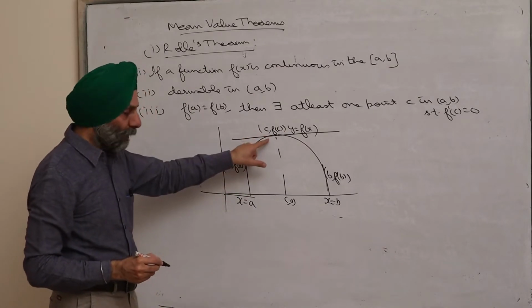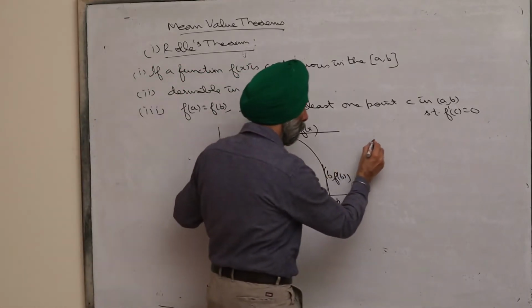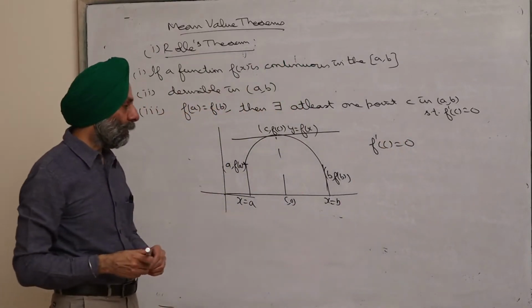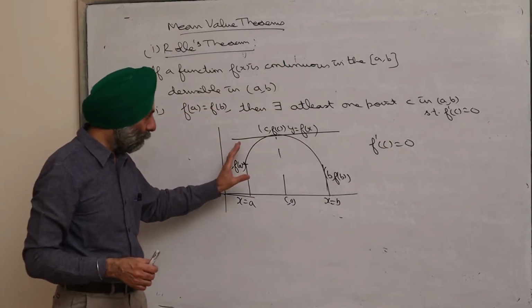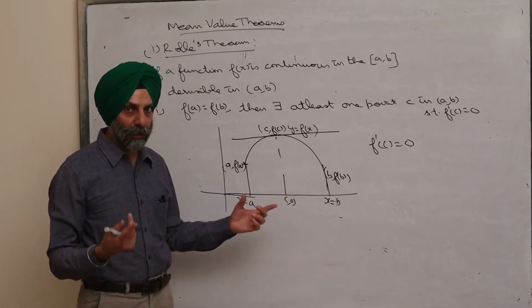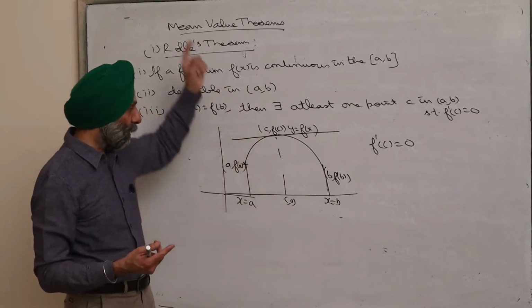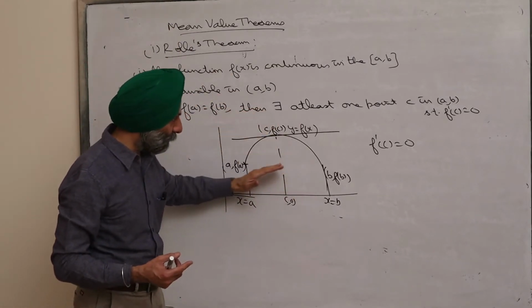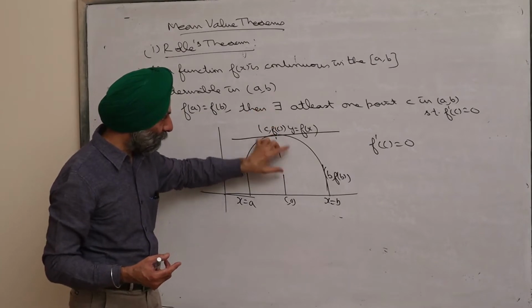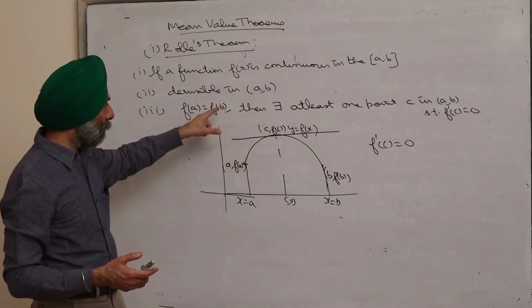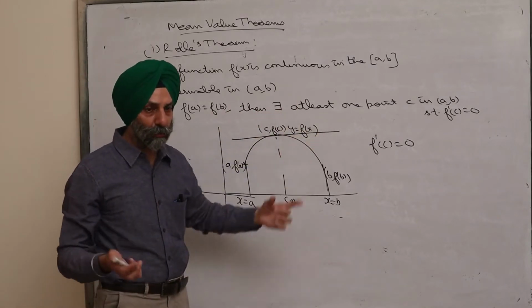So at this point f'(c) must be equal to 0. Since infinite tangents are possible in the interval a to b, there is going to be a tangent parallel to the x-axis. That means the slope of the x-axis is 0, therefore the slope of the tangent at this point will be equal to 0.